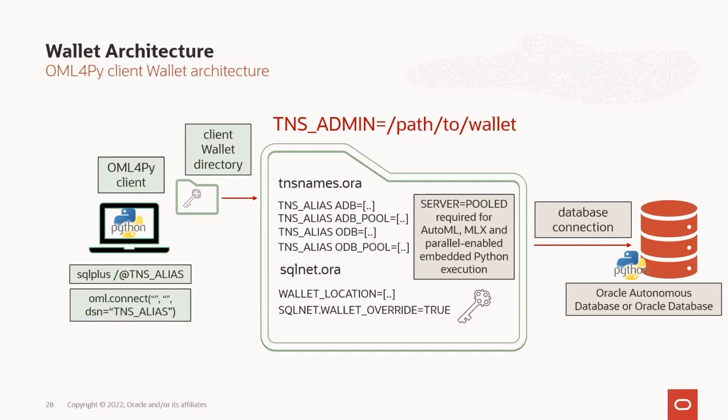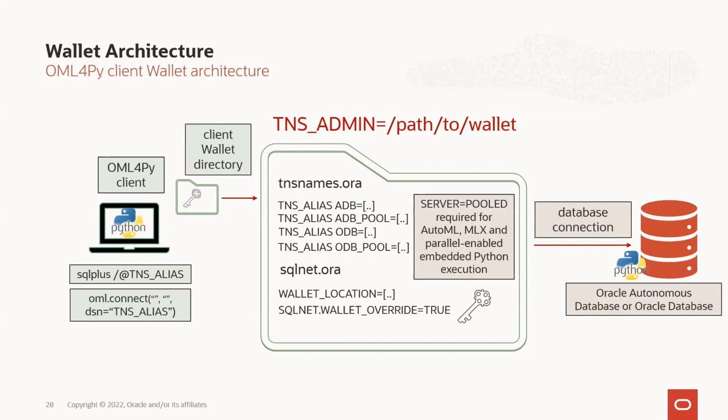The TNS_ADMIN environment variable will point to the wallet location on the client. This is needed for the OML4Py client connection to the database during the invocation of either oml.connect, using the OML4Py Python interface, or if you're establishing a database connection from a SQL client, to use the OML4Py SQL interface.